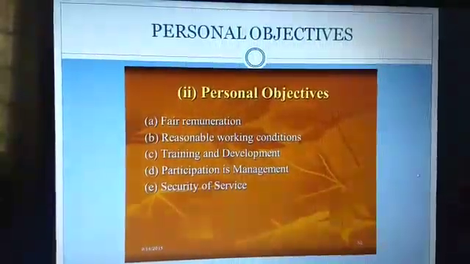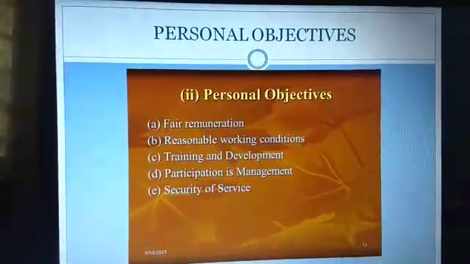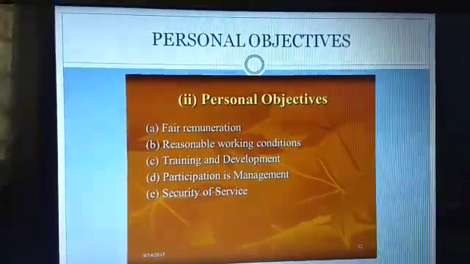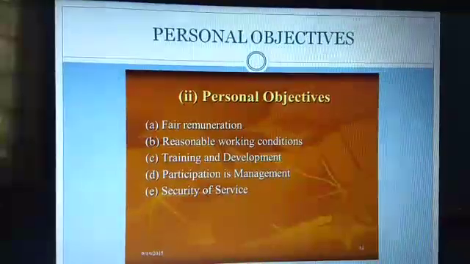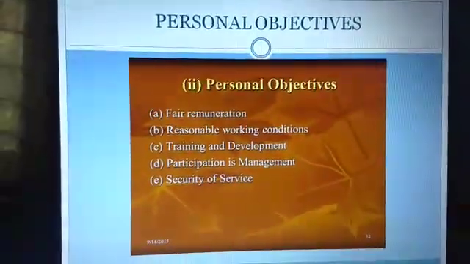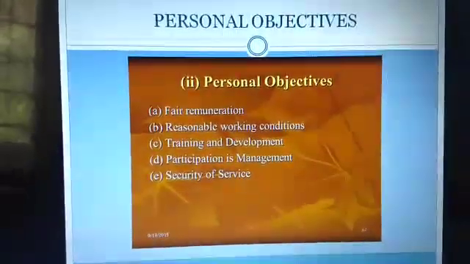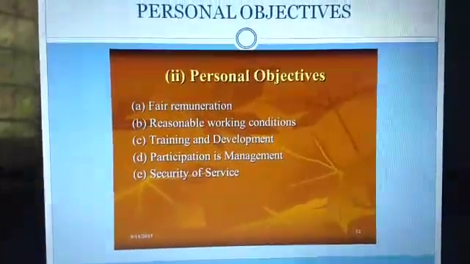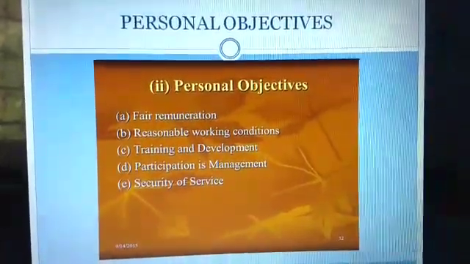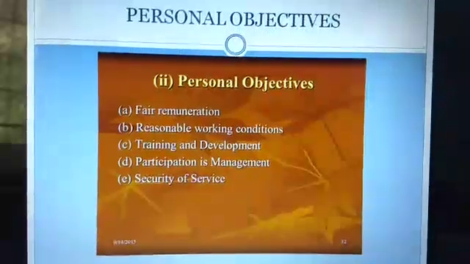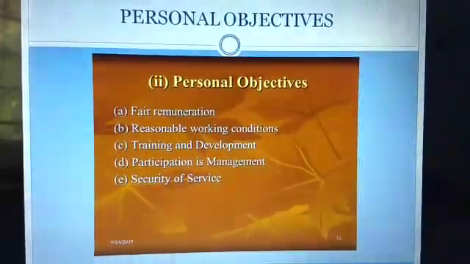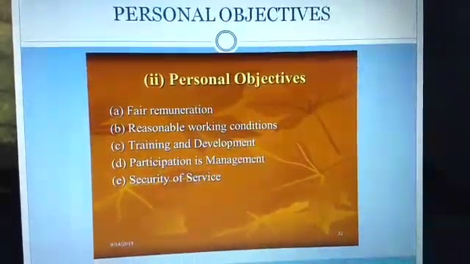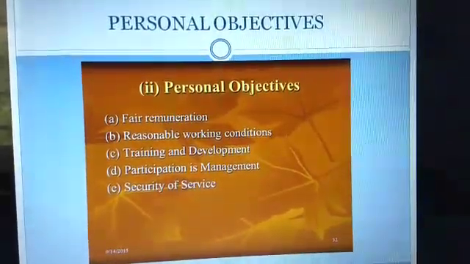Next is personal objectives. Personal objectives are related to each and every individual working in the organization. Each and every employee working in the organization comes from a different background, so their personal objectives are different. A few may think of having their own plot of land.